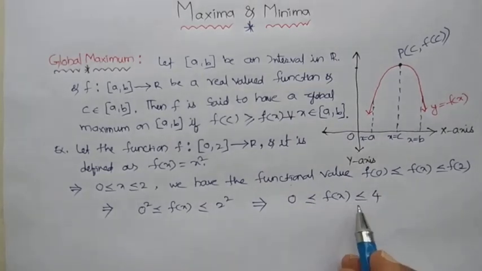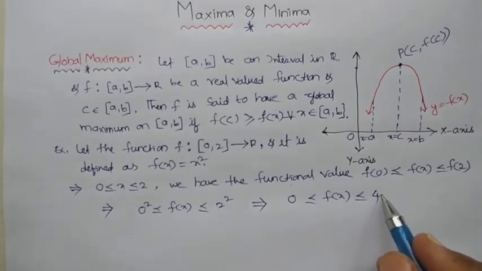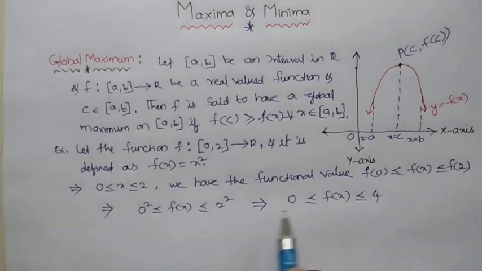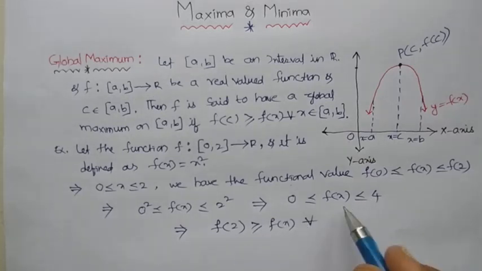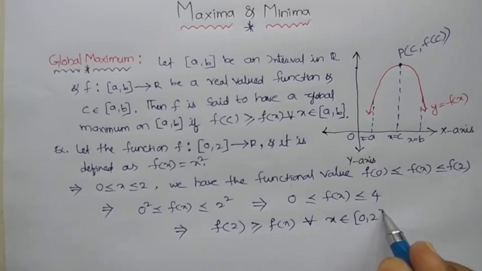That implies the functional value attains the maximum value 4, and the functional value is f of 2. We can make the conclusion here, f of 2 is greater than or equal to f of x for all x belonging to the closed interval 0 to 2.